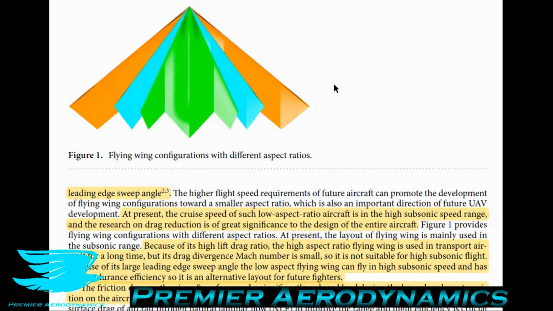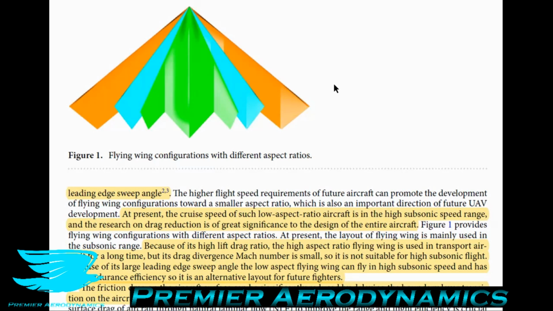For some people, like me included, when I first heard about the critical Mach number, I found it strange that the flow over the aircraft would be sonic when the free stream velocity isn't sonic. But then I thought about it and realized it makes sense. The reason is that the flow over an object, not just an aircraft, not just an airfoil, but any object, will typically accelerate as you go over certain regions.